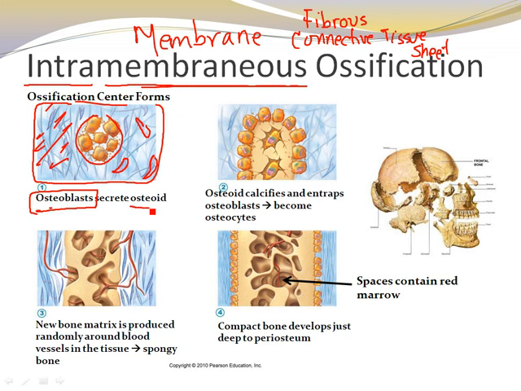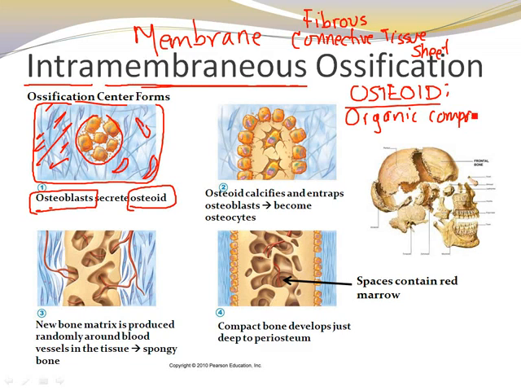They start making osteoid, and again, osteoid is the organic components of the bony matrix. And what are some of those? Collagen. Remember those collagen fibers, long protein fibers that give a tissue tensile strength that you learned about in Unit 2.